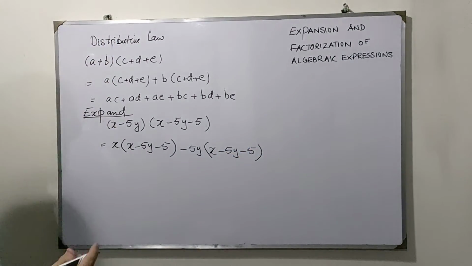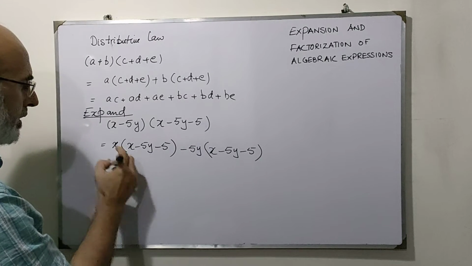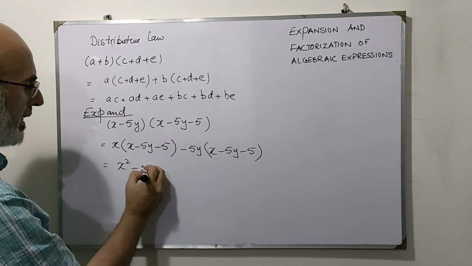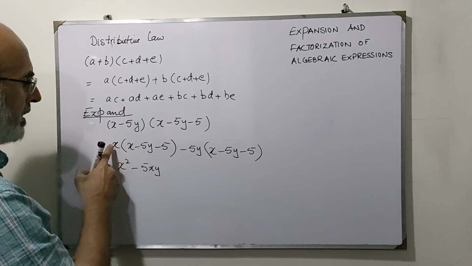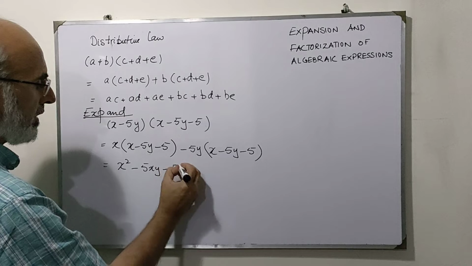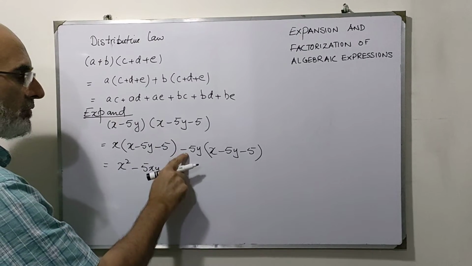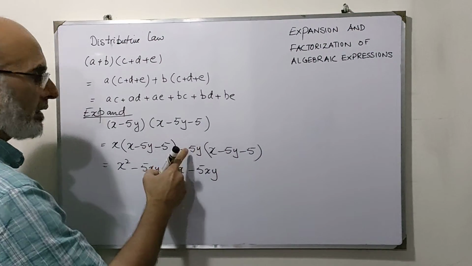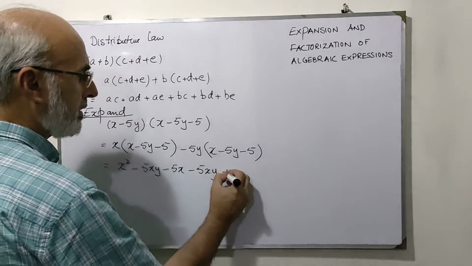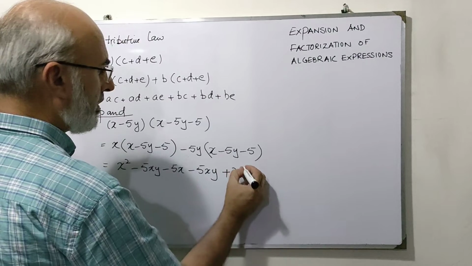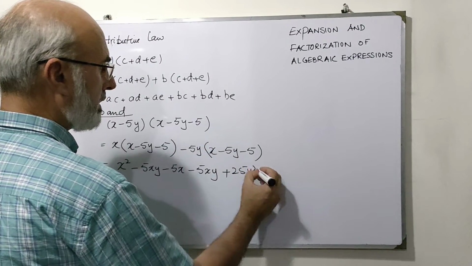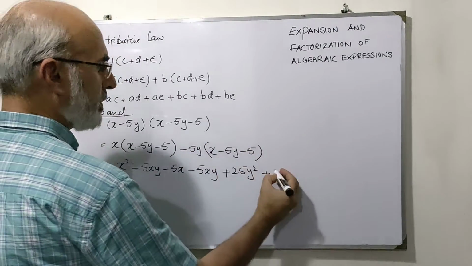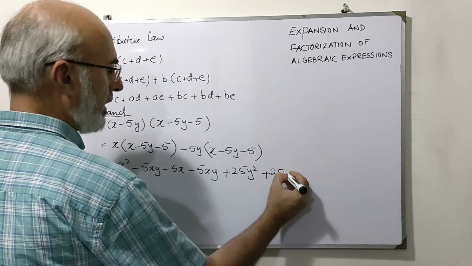Now just multiplication. x into x is x square, x into minus 5y is minus 5xy, x into minus 5 is minus 5x, and then minus 5y into x is minus 5xy, then minus into minus is plus, 5 into 5 is 25, and y into y is y square, and minus minus is plus, 5 into 5 is 25, and then y.